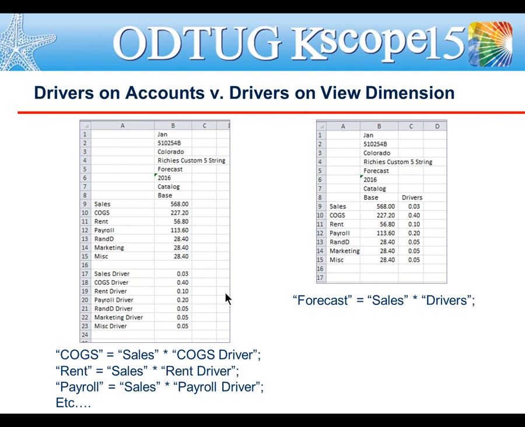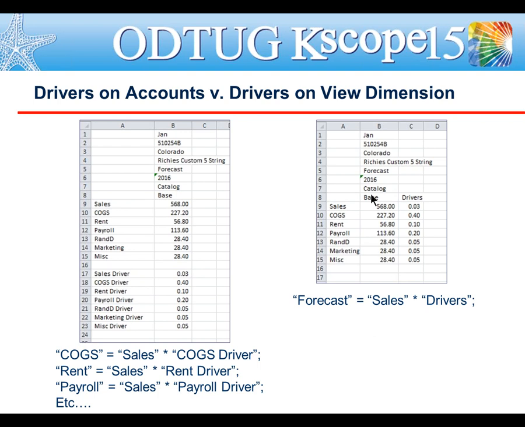And that's fine, but every time we add a new item to our income statement, we're going to need to add a second member to the accounts dimension for the driver. Then we're going to have to write a calculation line for that specific member.